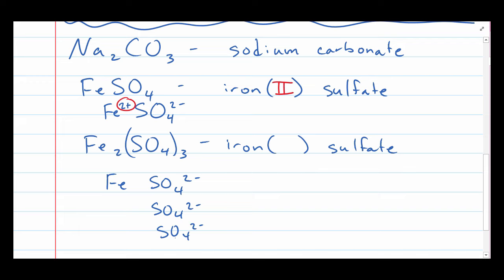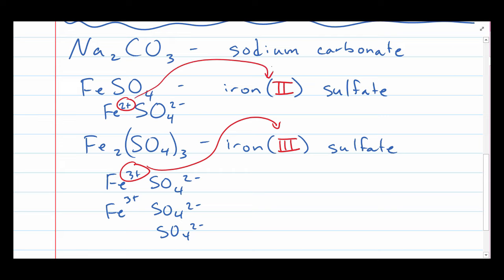So with 3 of them, this formula shows how many irons? There's 2 of them. What charge must each of these irons have in order to balance the 6 negative charges on the sulfates? 3 positive, right. So we're basically just working backwards here to figure out what those charges are. We have a 3 plus charge. That gives us a Roman numeral of 3 in the name, and we call it iron 3 sulfate.